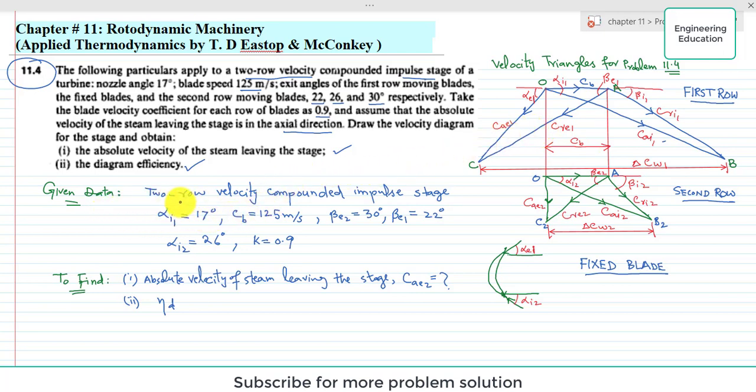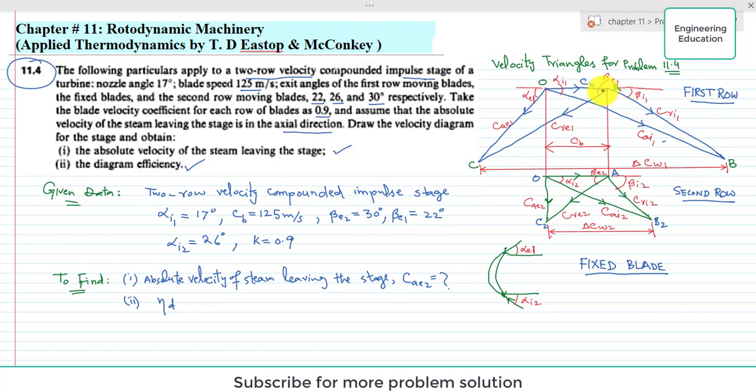So given data is two-row velocity compounded impulse stage. Alpha I1 is 17 degree. This is alpha I1. The blade velocity or blade speed is 125 meter per second. This is the blade speed. Beta E2, this is the angle making the relative velocity at exit for the second row stage, and it is 30 degree.